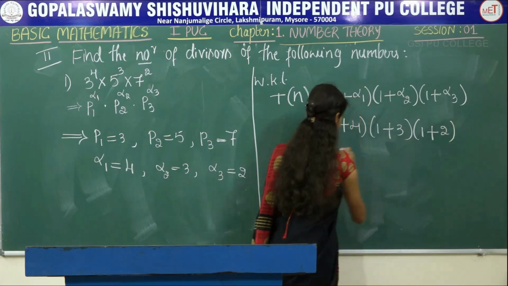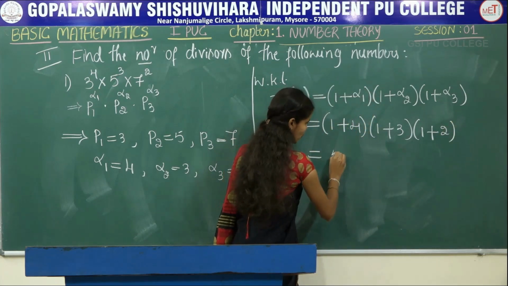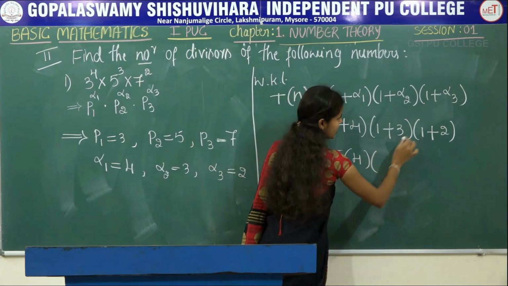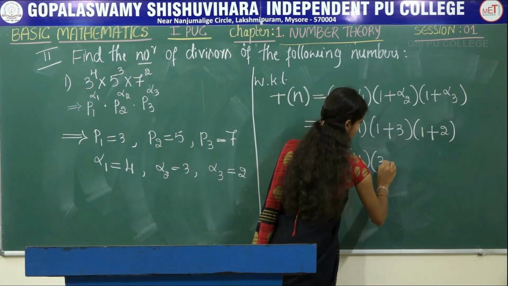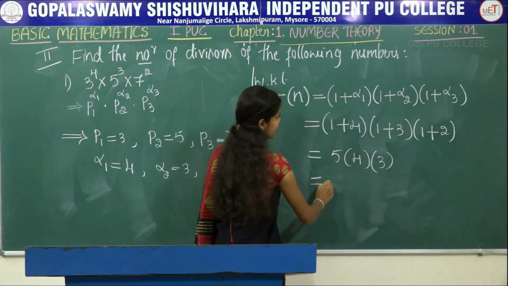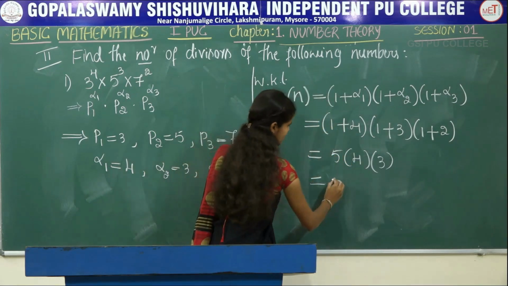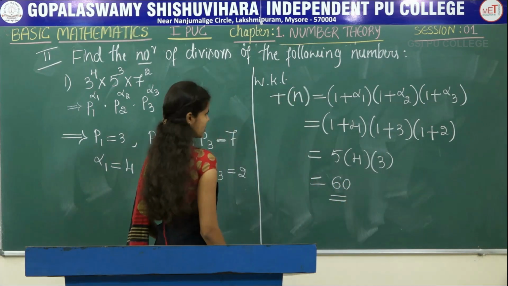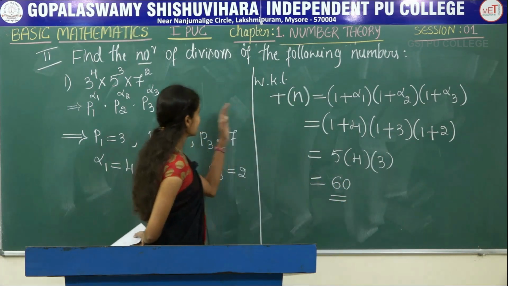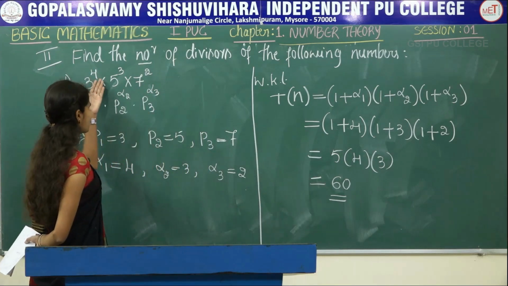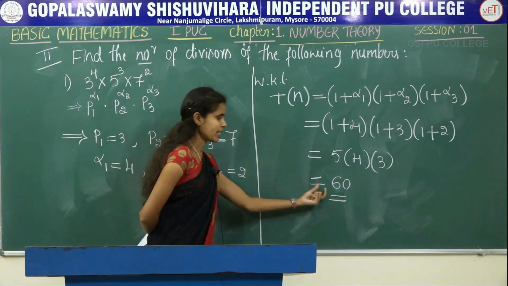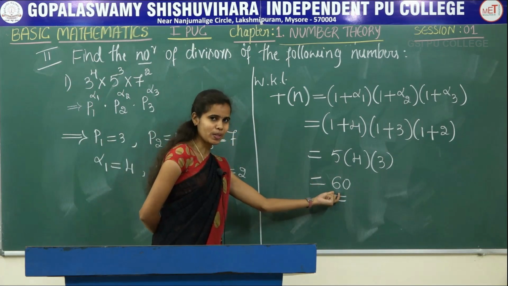Next, simplify. 1 plus 4, 5 into 4 into 3, so that is 60. So the number 3 to the power of 4 into 5 to the power of 3 into 7 to the power of 2 has 60 positive divisors.